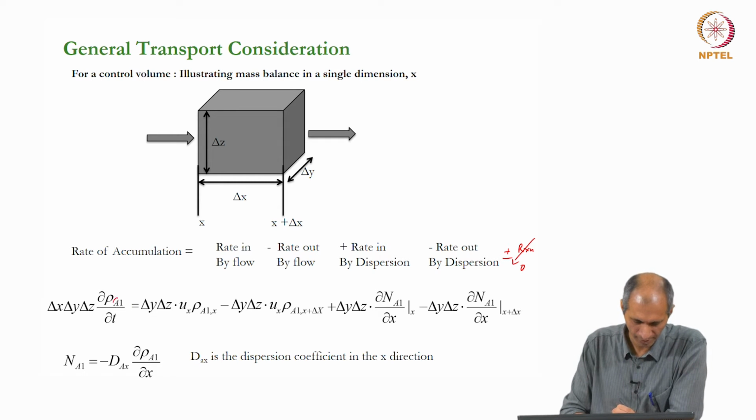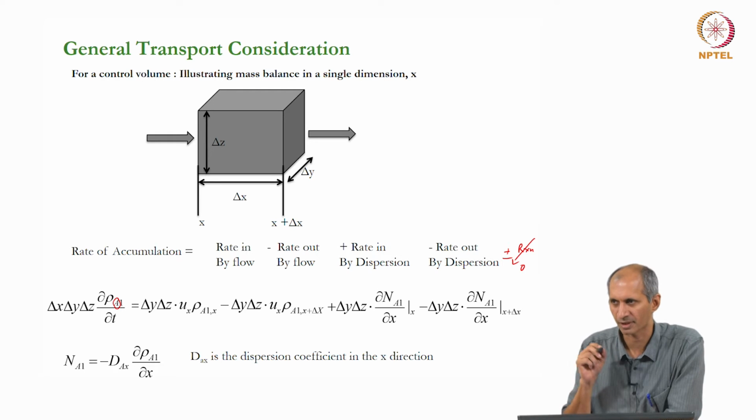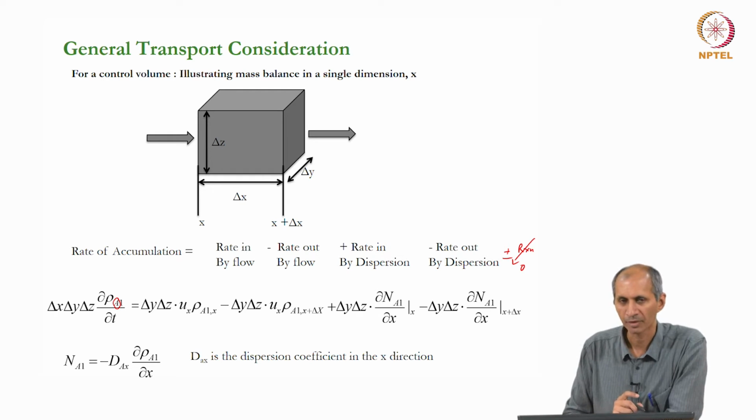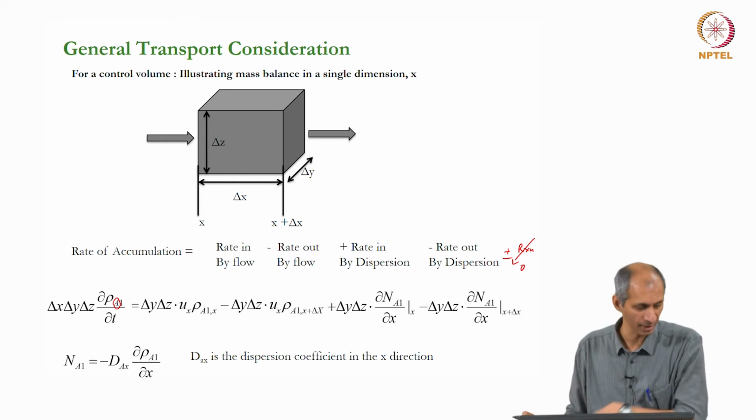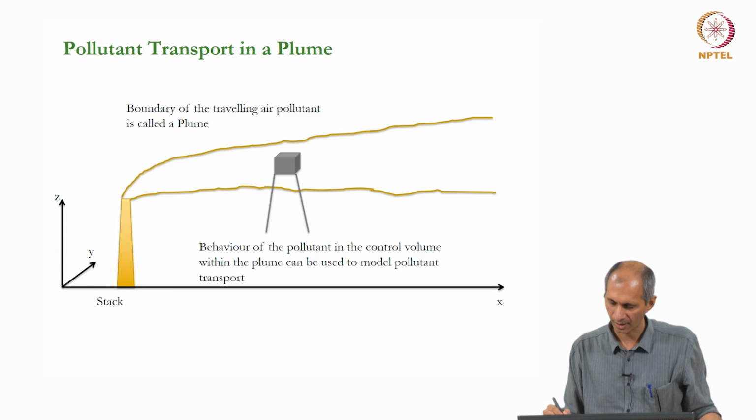In this case we are writing it for this particular A in the phase we are interested in, the vapor phase only, because this is the phase we are interested in for calculating exposure at some point. Say I am interested in this person standing here on the ground, and what concentration you are being exposed to.